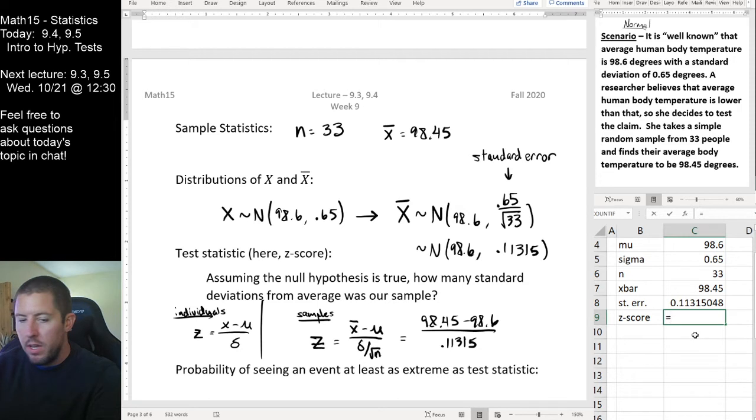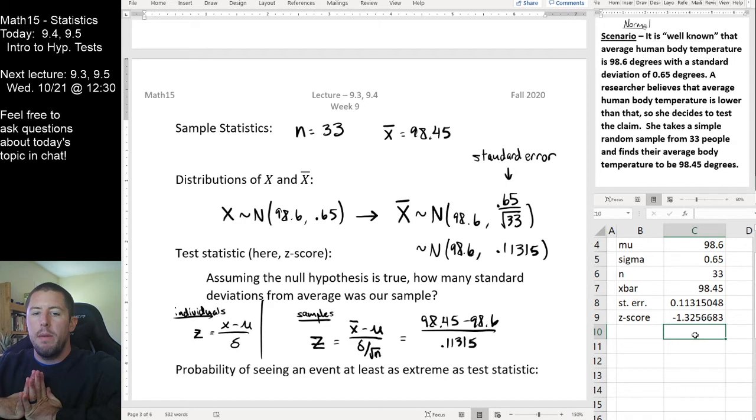So I'm going to do equals, I want x bar minus mu, so that's C7 minus C4. This computes my z-score, and it's telling me that we're getting about 1.3 standard deviations below normal.